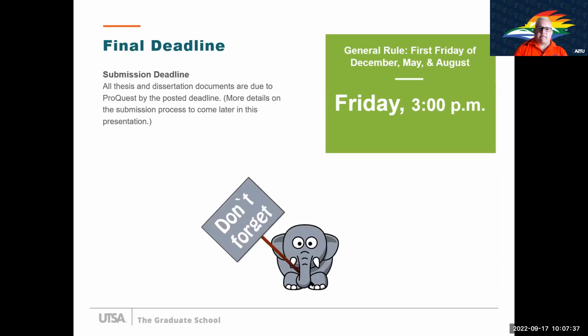So final deadlines, the submission documents are due to ProQuest by the posted deadline. We'll talk about more details on the submission process later. As I mentioned, the general rule is the first Friday of December, May, or August, and the deadline is always at 3 p.m. For the purposes of not dating this presentation, I'm not going to include the date for the fall semester, but I believe it's December 3rd.